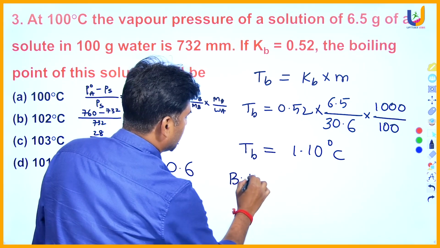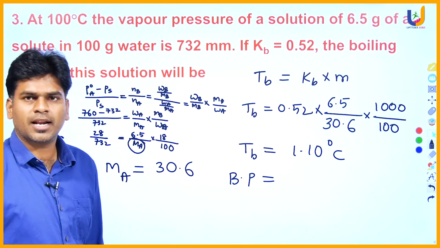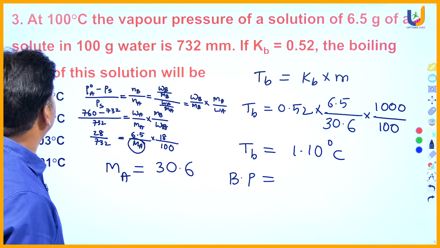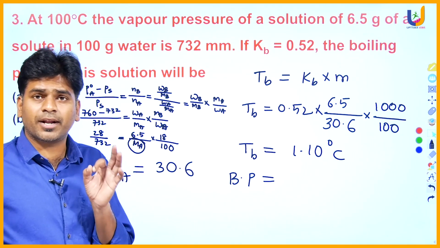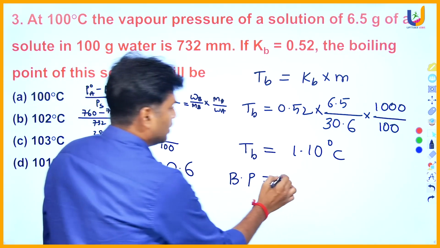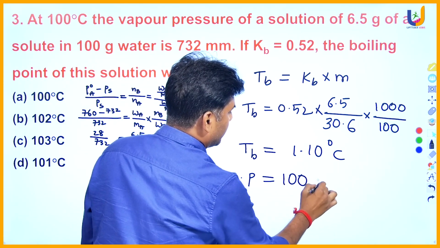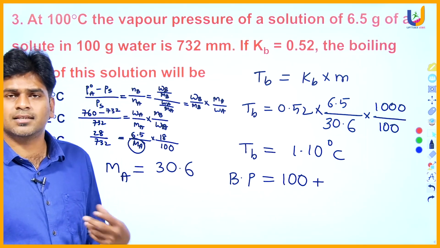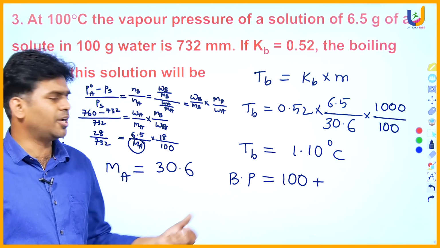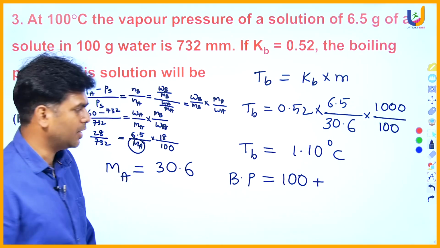Boiling point, generally, they started at 100 degrees. At what temperature they started? 100 degrees. At 100 degrees they started, and after adding some solute and lowering the vapor pressure, it will rise by 1.10 degrees Celsius.